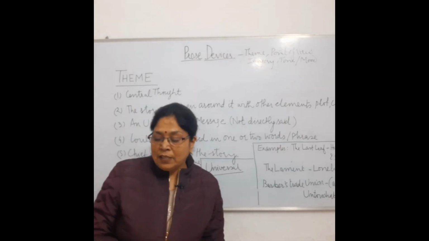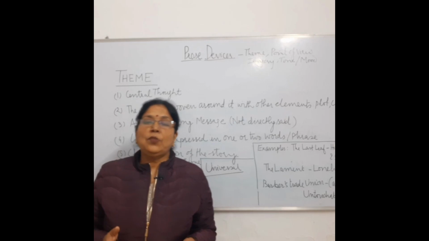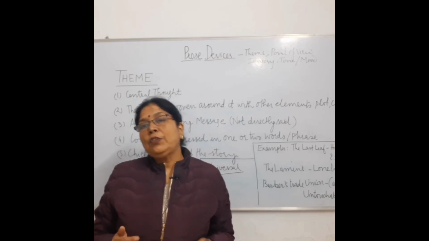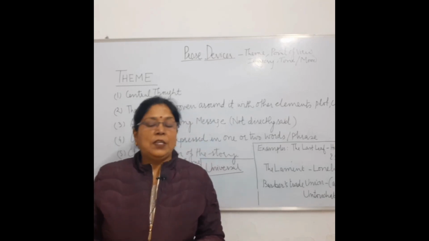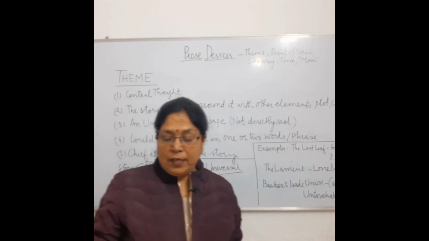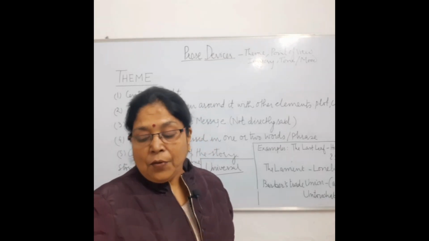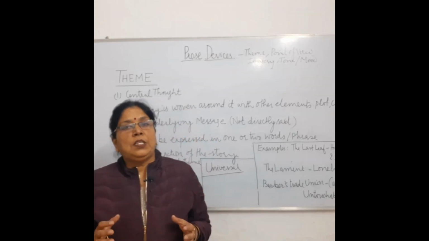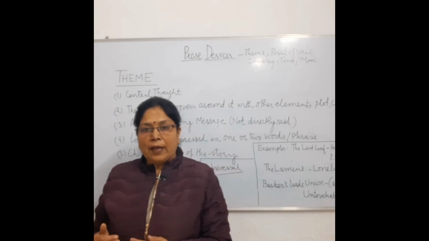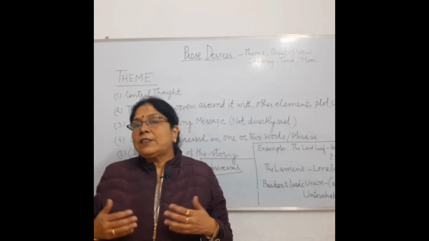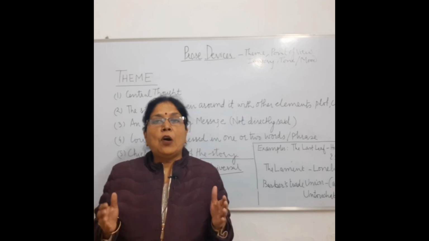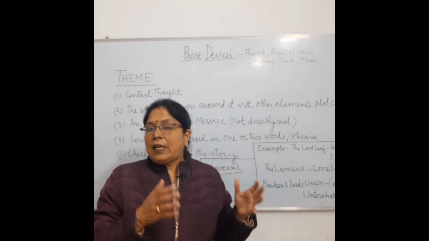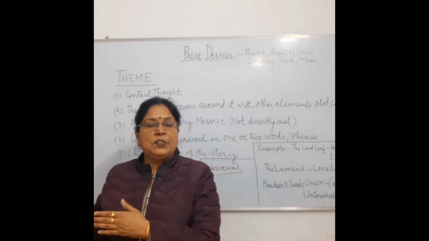And one thing is there, that when you are studying a story, how would you come to know the theme of the story? The very simple trick for that is, when you have studied a story from beginning to the end carefully, then ask yourself a question: what message does the writer want to convey to the reader?